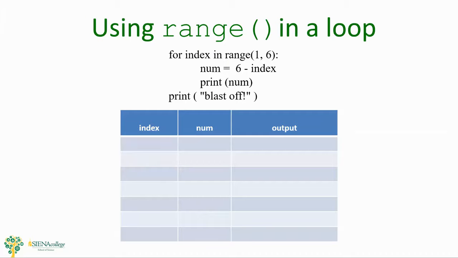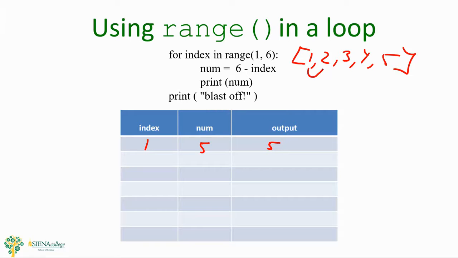So let's give an example. In this case, we know range 1 to 6 is going to give us a list. And that list will be the numbers 1, 2, 3, 4, and 5. So as we go through our loop, the first time through, index will be 1. 6 minus 1 will give us 5 for num, and we'll print out that 5.